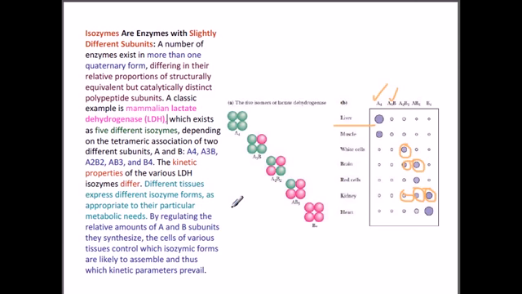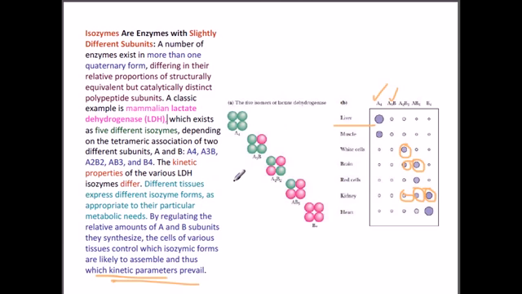By regulating the relative amounts of A and B subunits, cells synthesize different types of isozymes. The cells of various tissues control which isozyme forms are likely to assemble, and thus which kinetic parameters they predict. That's a very important point. The kinetic parameters will change depending upon the change of isozyme.